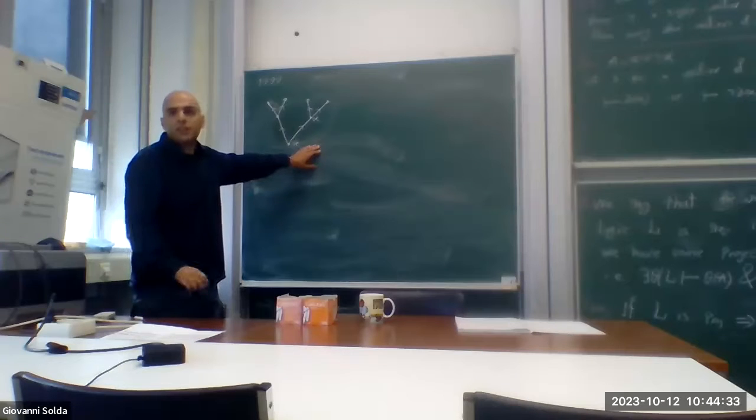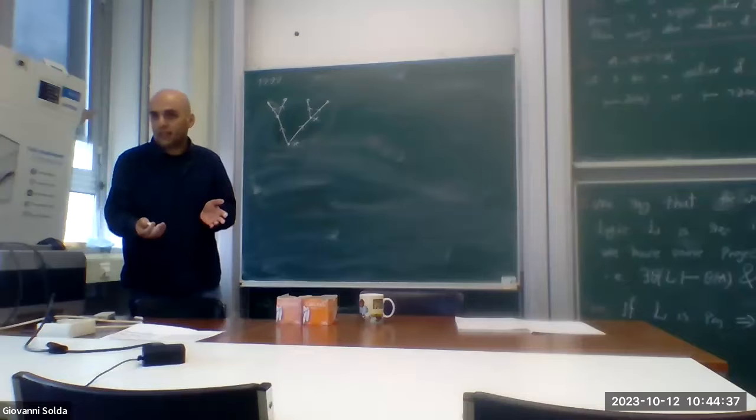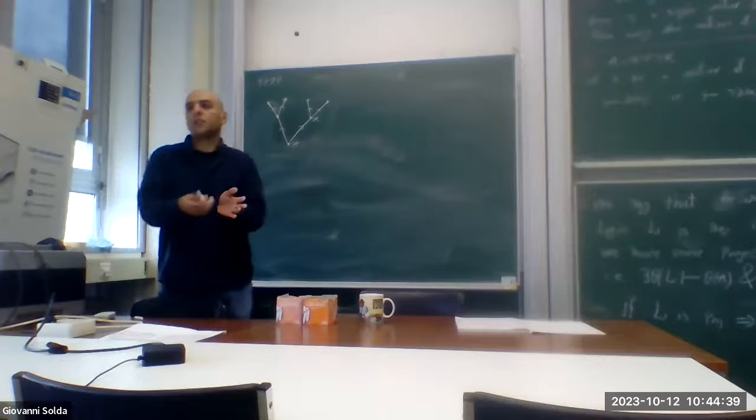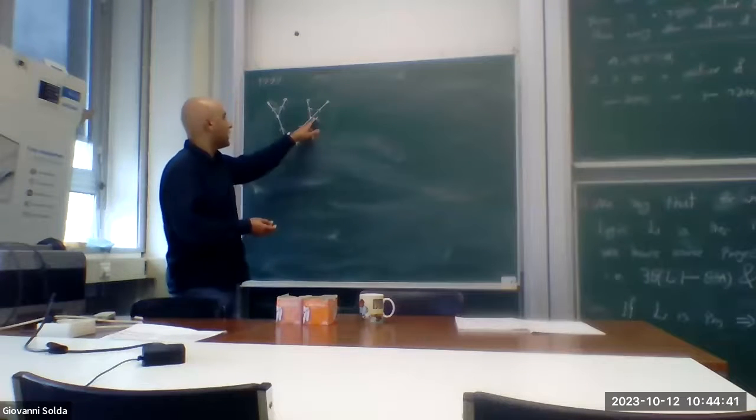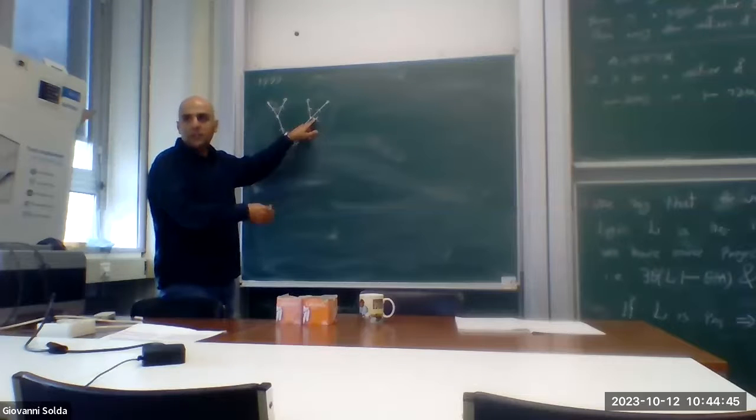And we know that conjunction and disjunction are interpreted as in classical models, which means that a conjunction of two formulas is valid at some node if both conjuncts are valid. A disjunction also is valid if either of the disjuncts is valid.